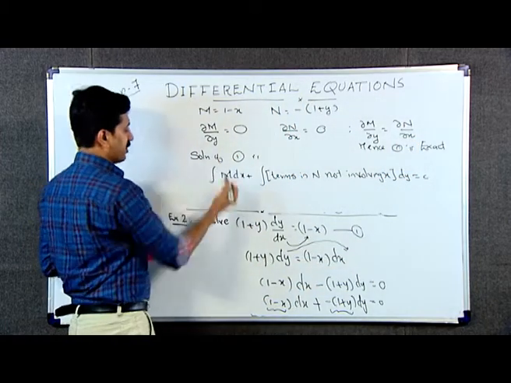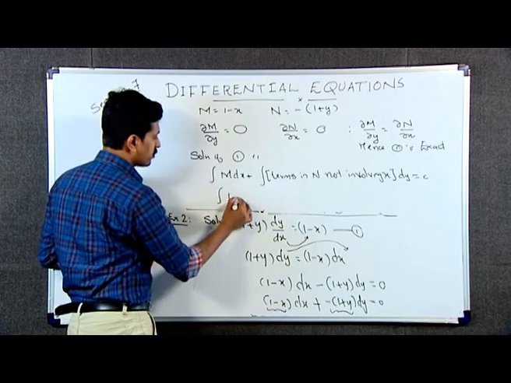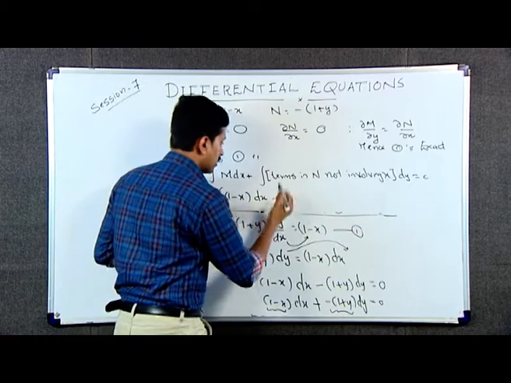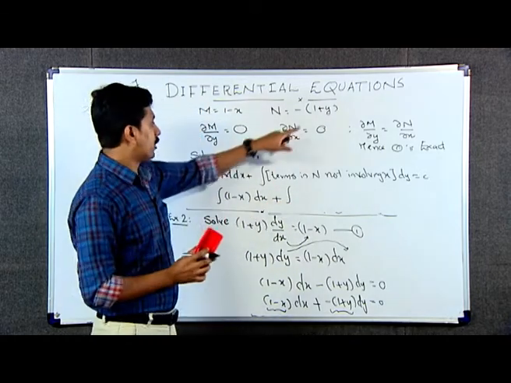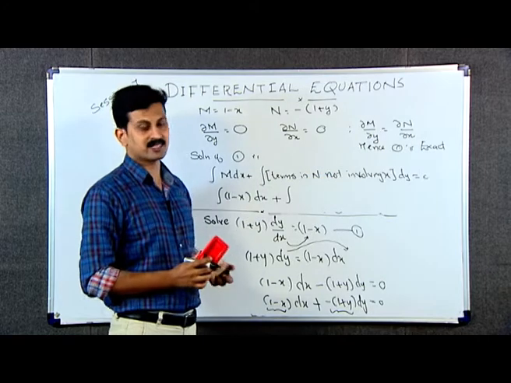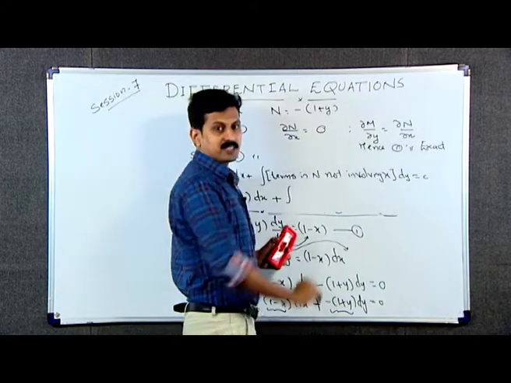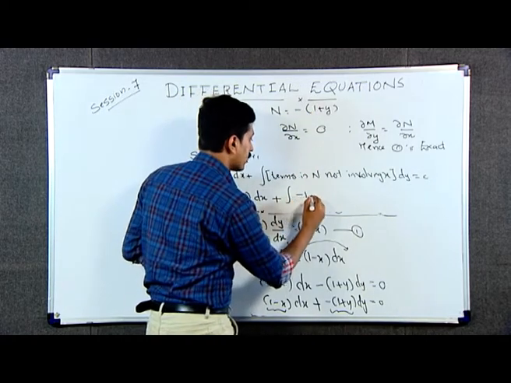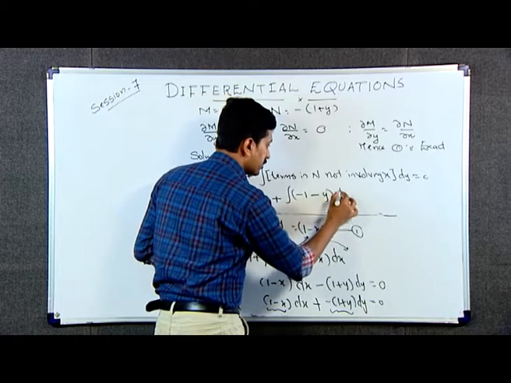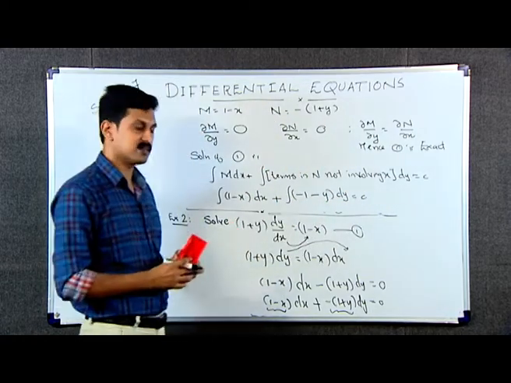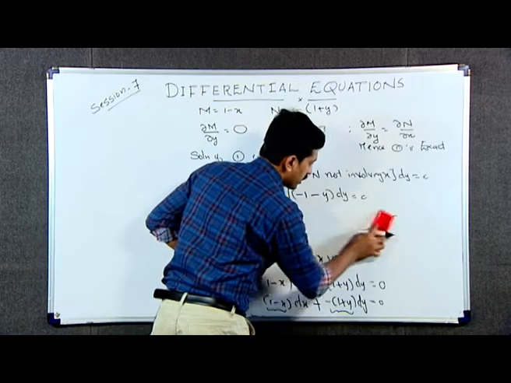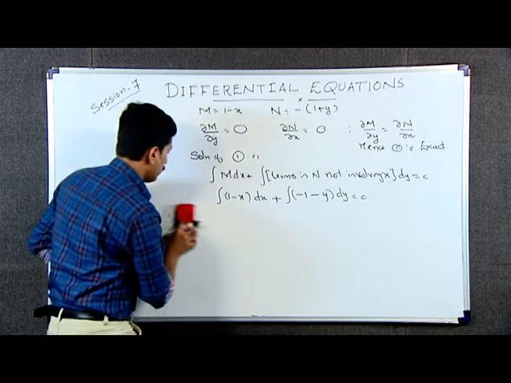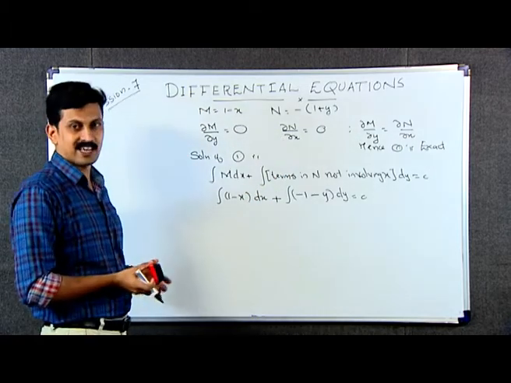What about M? The value of M is 1 minus x dx plus integral of the terms in N not involving x. In our N there is no term of x, that is why we can take all N to be here, that is minus of 1 plus y dy is equal to c.